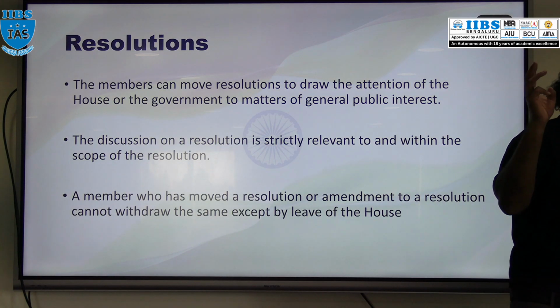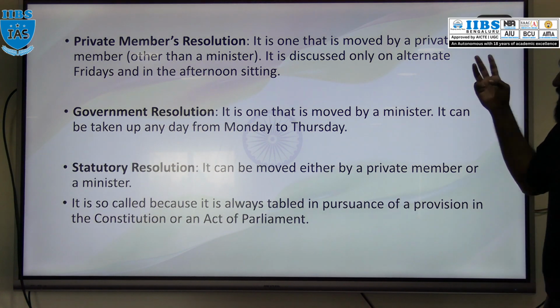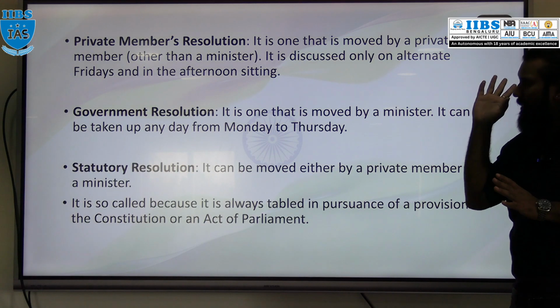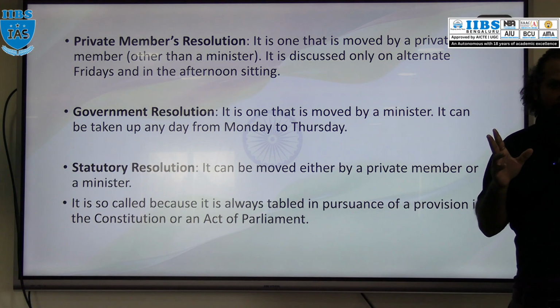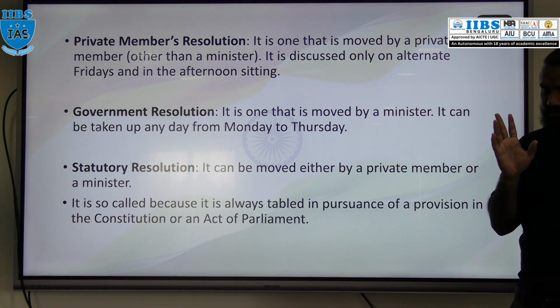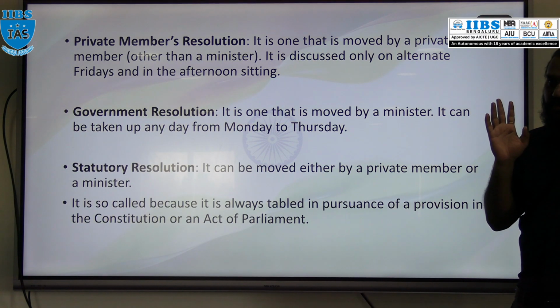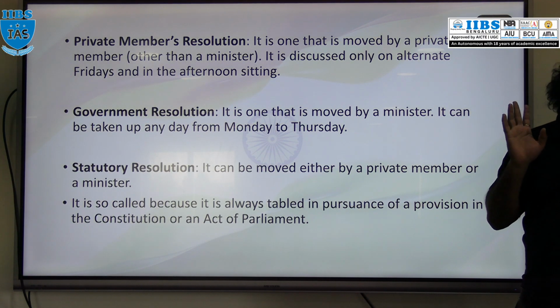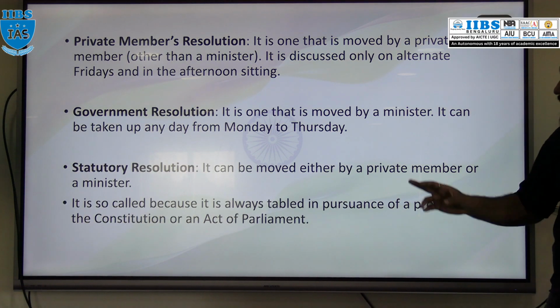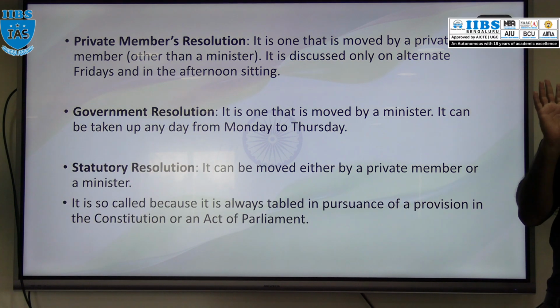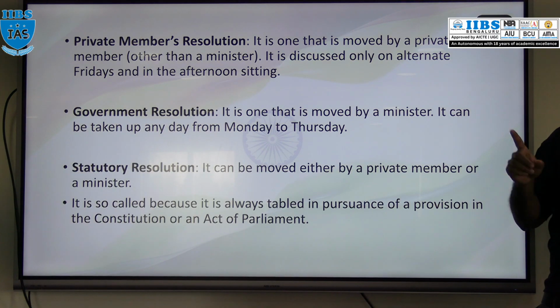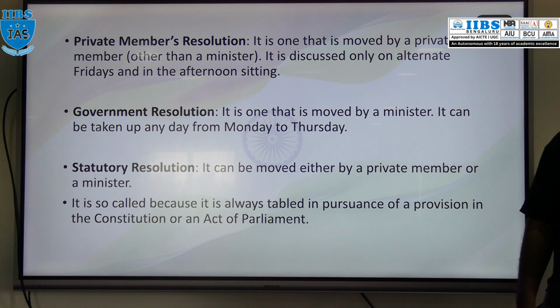Generally there are three types of resolution. Private member resolution. You know private member? Other than the council of ministers. Any resolution introduced by a private member is a private member resolution. Government resolution: any resolution introduced by the council of ministers is a government resolution.